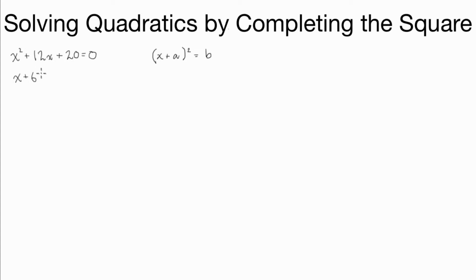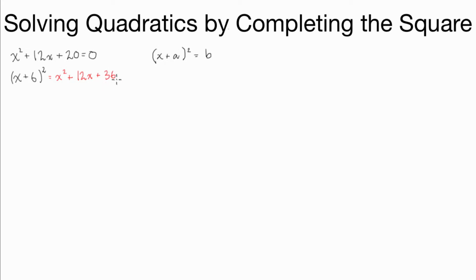Now, once you've done that, we need to square this to make it look like a perfect square. It needs to look like this. Now, if you were to multiply this quadratic out, it would look like this: x squared plus 12x plus 36.